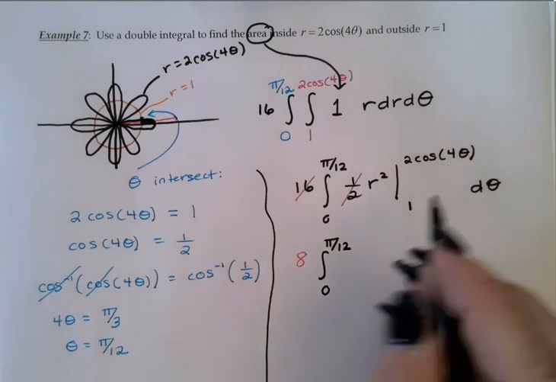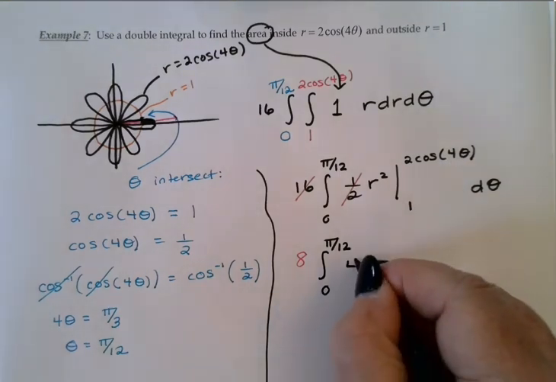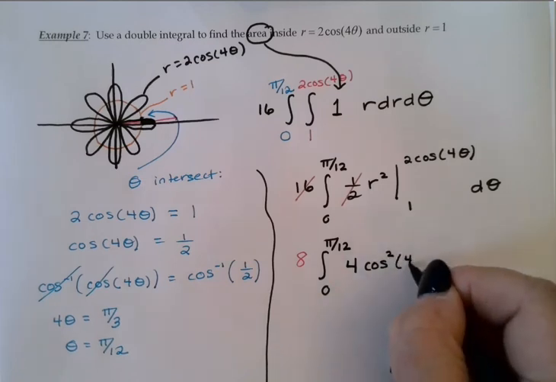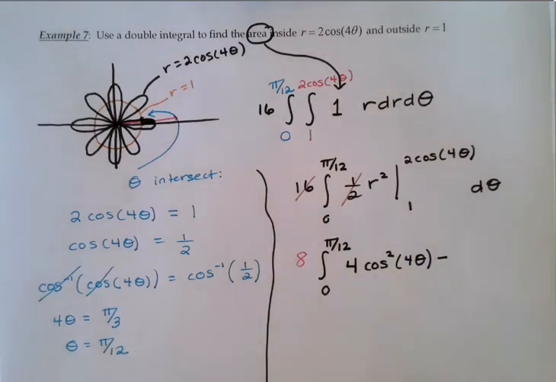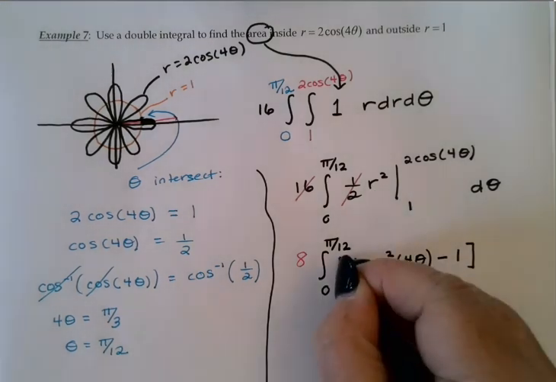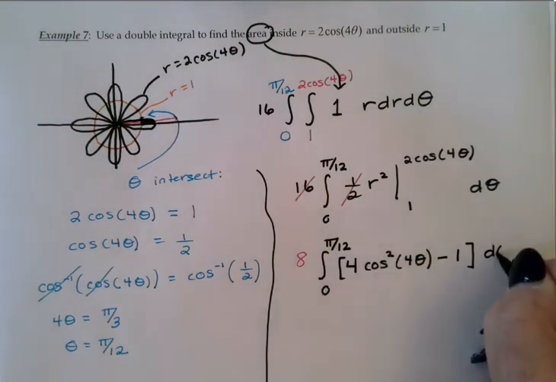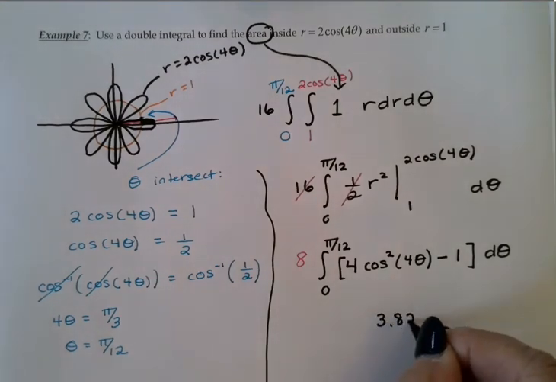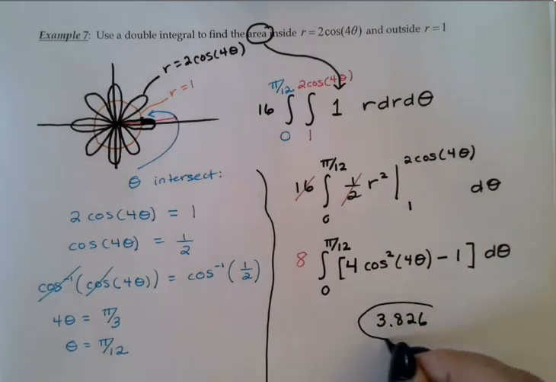R squared, plugging in the upper value, would be 4 cos squared 4 theta, minus, plugging in the lower value, that's just 1. And when I did that integral, I got 3.826. And that does include the 8 as a multiplier.